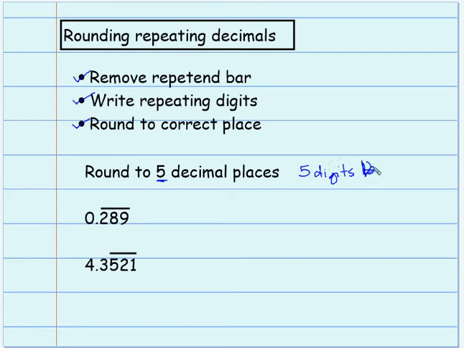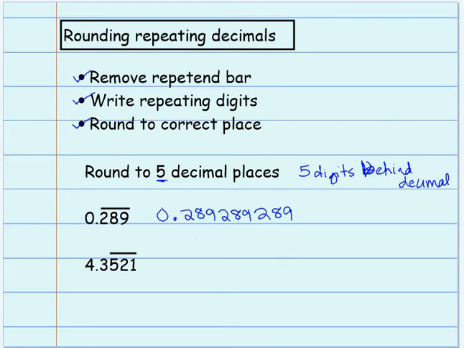Okay, so we need to remove the repetend bar first, 0.289. Write that with no repetend bar. Then write repeating digits. So the 289 repeats, and I'll just write another 289 to make sure I have enough decimal places.